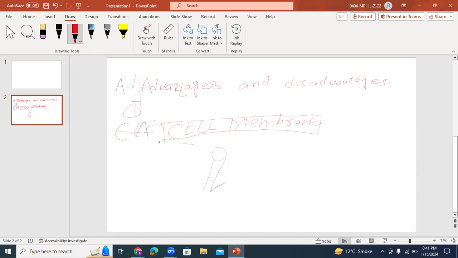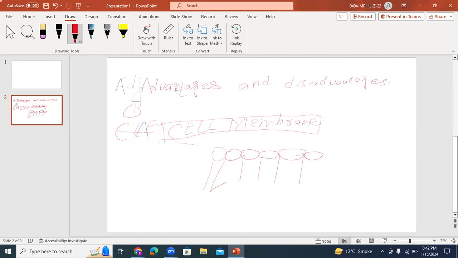This is a phospholipid, the molecule of phospholipid. Then this phospholipid is further combined with each other to form a layer like this.